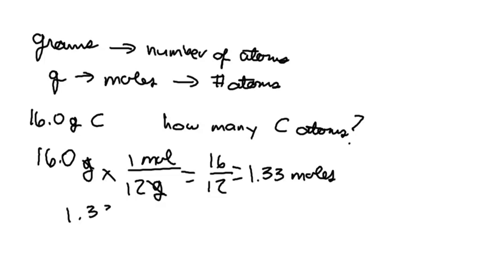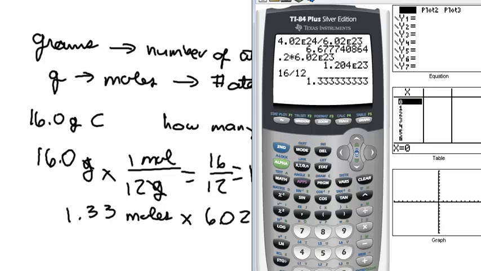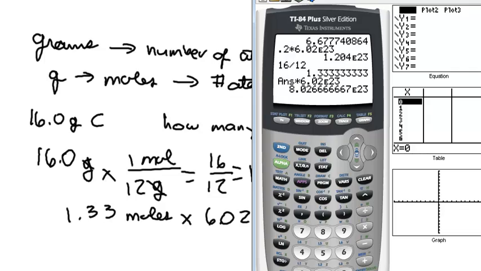And then 1.33 moles. I'm trying to go from moles to number of atoms. And so to go from moles to number of atoms, I multiply by 6.02 times 10 to the 23rd. And I get 8.03 times 10 to the 23rd.